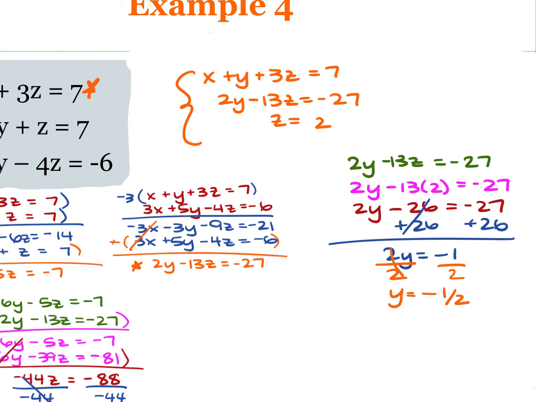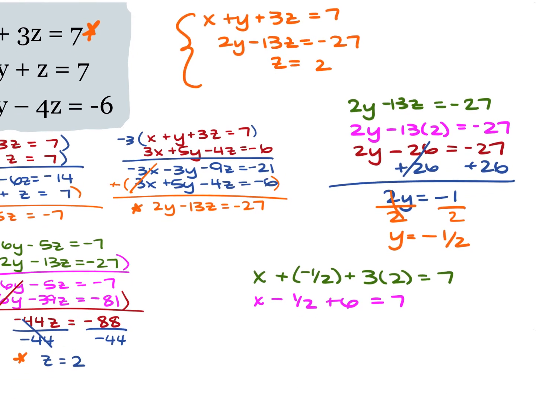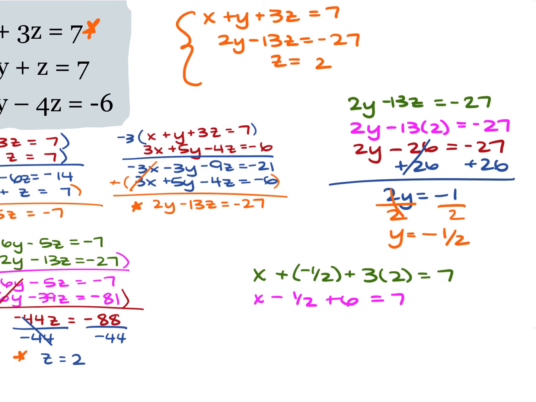Plug in the negative 1/2. Plug in the 2. Solve for x. So x plus negative 1/2 plus 3 times 2 is equal to 7. This is going to give us x minus 1/2 plus 6 is equal to 7. The 1/2 plus 6, the 6 becomes 12 over 2.